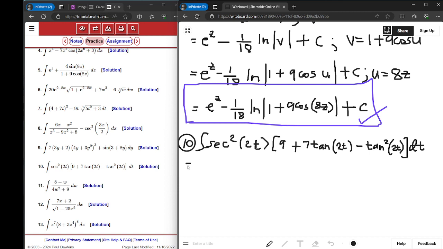Let's distribute secant squared since we cannot integrate them in just one go.